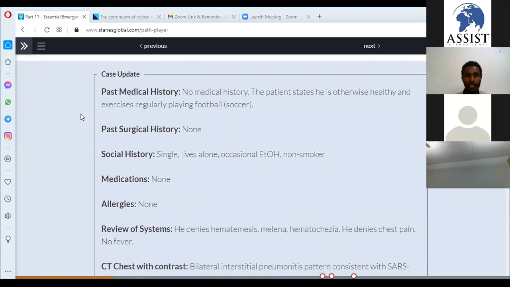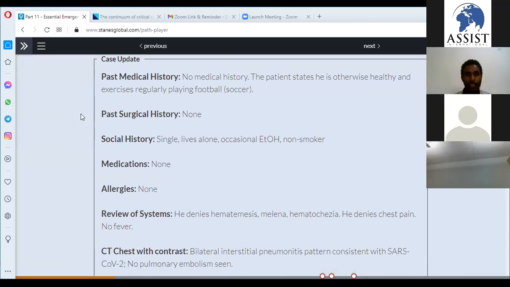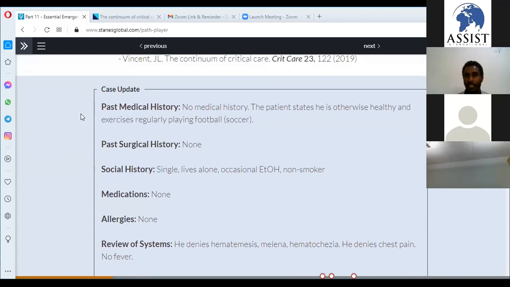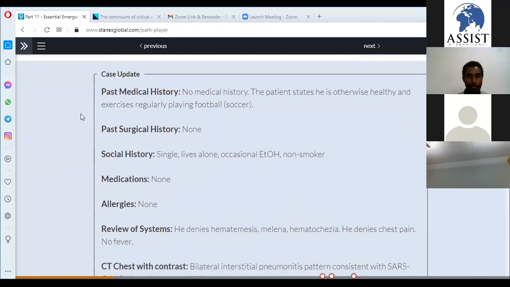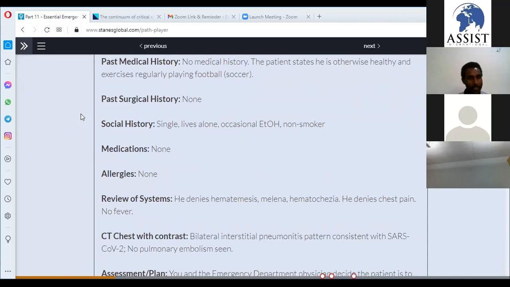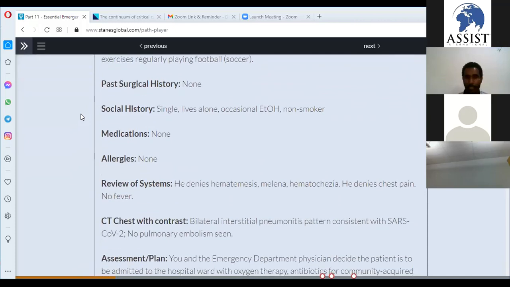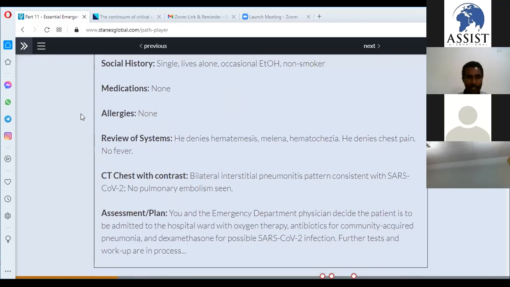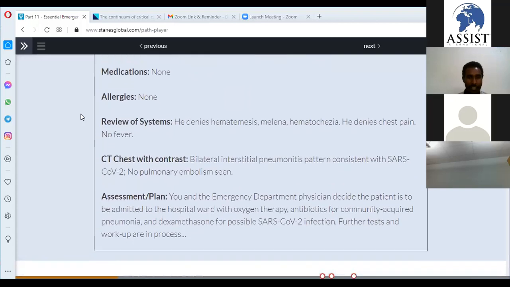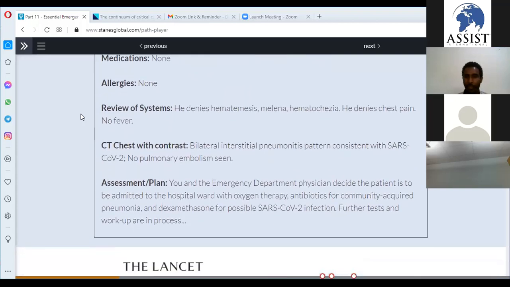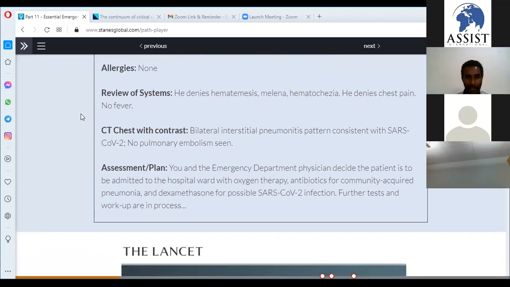You have seen the previous patient, and additional patient history is added here. The patient has no previous medical history, and he states he is otherwise healthy. He regularly plays football, has no previous surgical problem, is a non-smoker, has no medication or allergies, and no systemic symptoms can be identified from the patient.